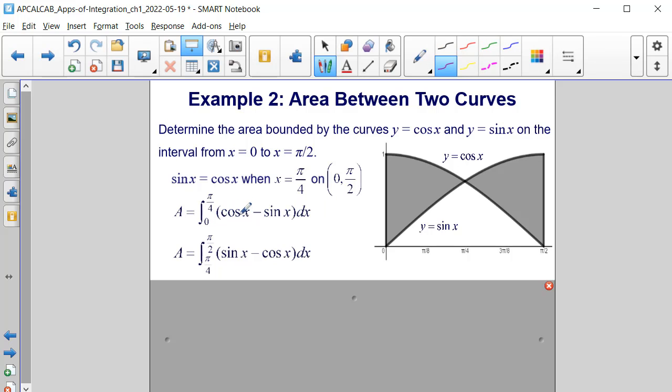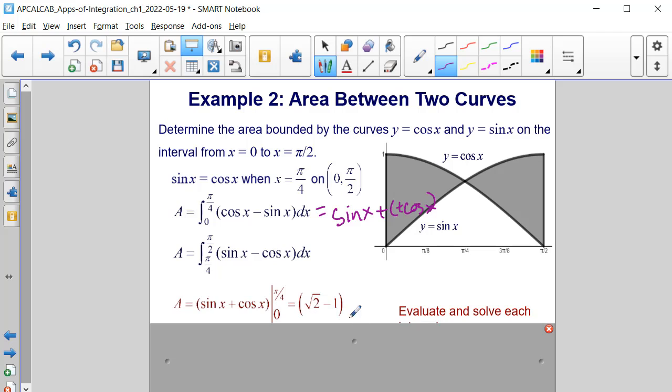So if we integrate cosine of x with respect to x, we end up getting the sine of x minus the integral of sine of x, which is negative cosine of x. The two negatives become a positive, so we have sine of x plus cosine of x, and we're going to evaluate that from 0 to pi over 4.